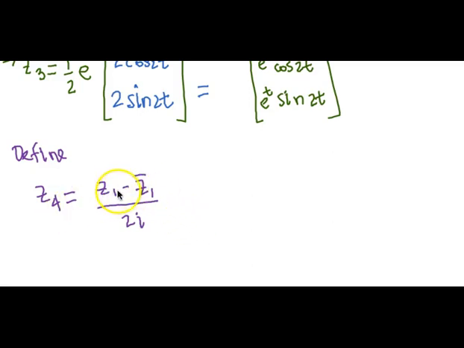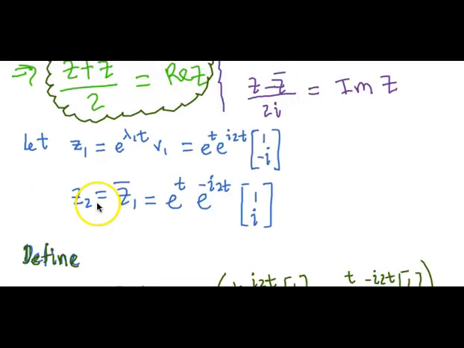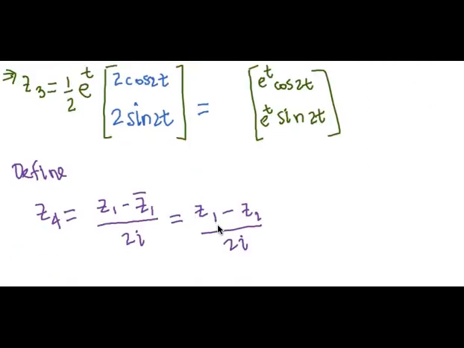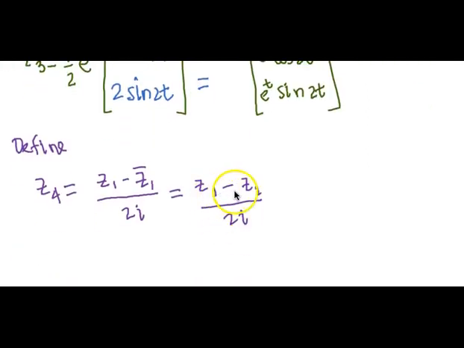We're going to define z4 as z1 minus its conjugate divided by 2i. And let's remember that we're also calling z2 the conjugate of z1, which is this vector e^t e to the minus I 2t times the vector 1 I, right? So that's what we are involved in this calculation, z1 minus z2, that vector we just mentioned. We're multiplying really by a scalar coefficient 1 over 2i.